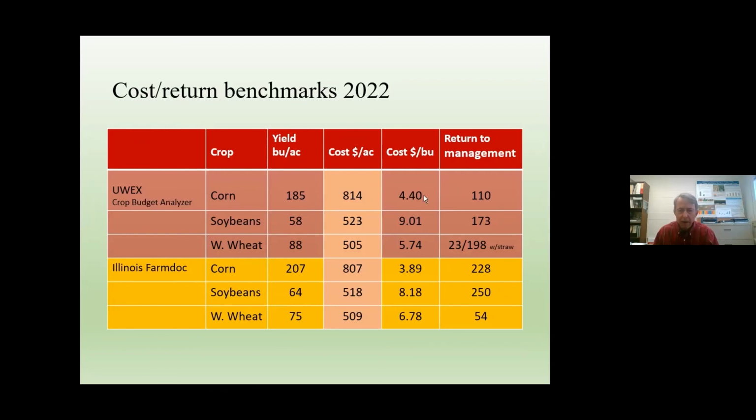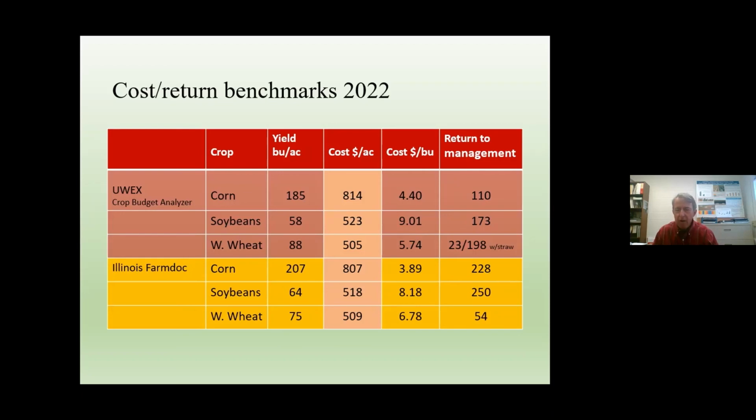These are all my costs per bushel. So I was planning on a $5 harvest price for corn. So we're approaching that. $9 on soybeans. I was figuring about $12 per bushel when I looked at my return to management here. So you can actually see I'm coming up with a little bit better return to management.